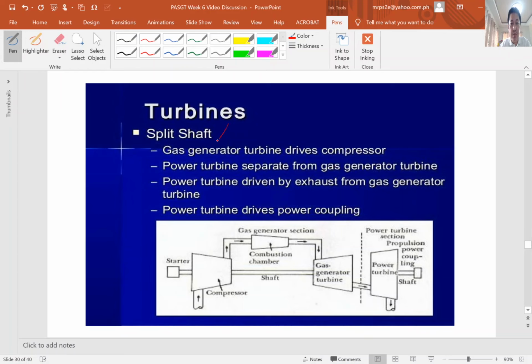Double shaft, or dual shaft. So we have here, you see the first shaft, and we have here the second shaft.